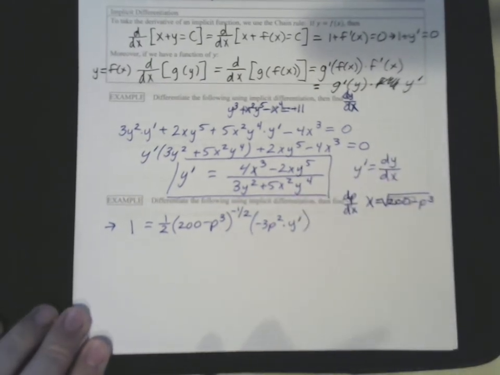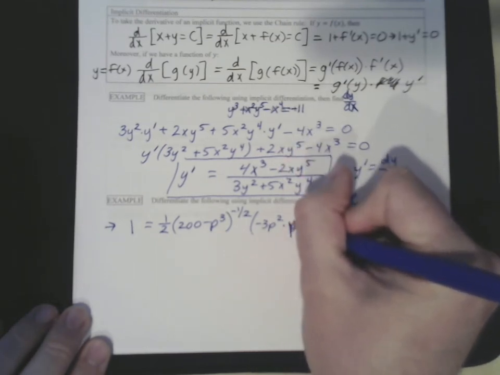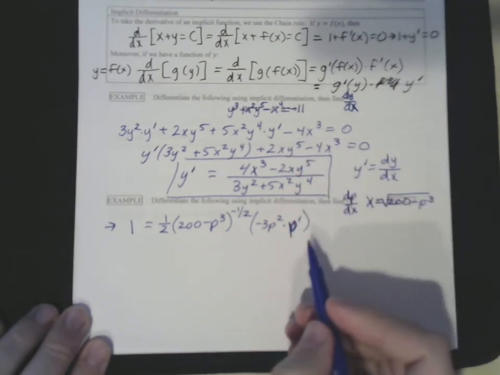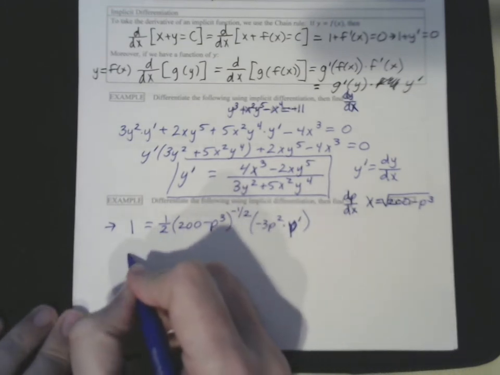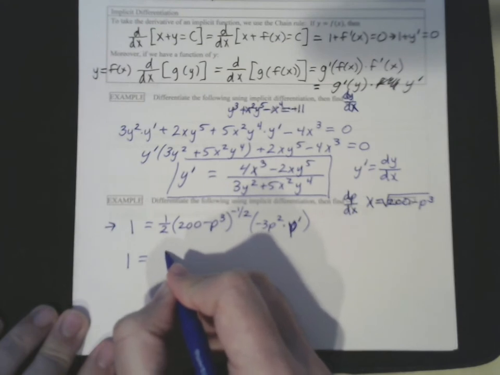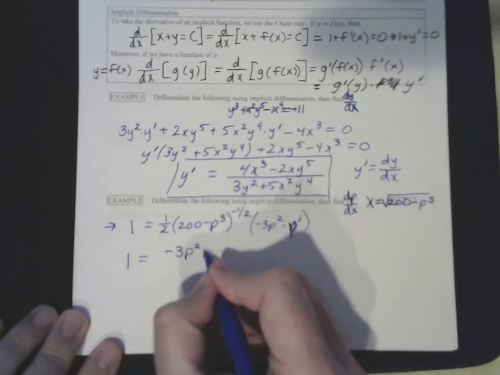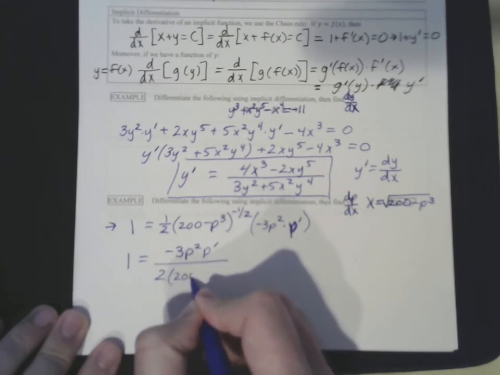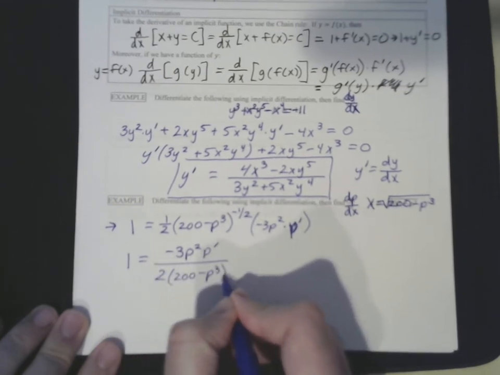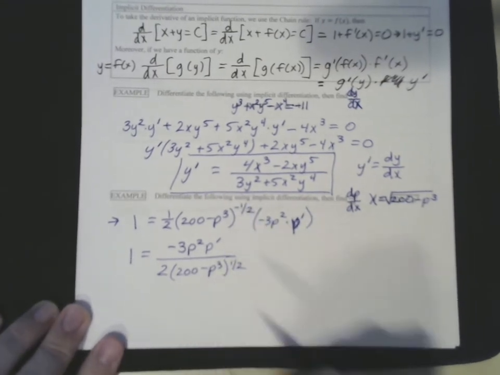Oh, I put y prime, p prime in this case. Now it's just about solving for p prime. So I'm going to write this as 1 equals negative 3p squared p prime over 2 times 200 minus p cubed to the positive 1/2. So just switching this to the bottom.